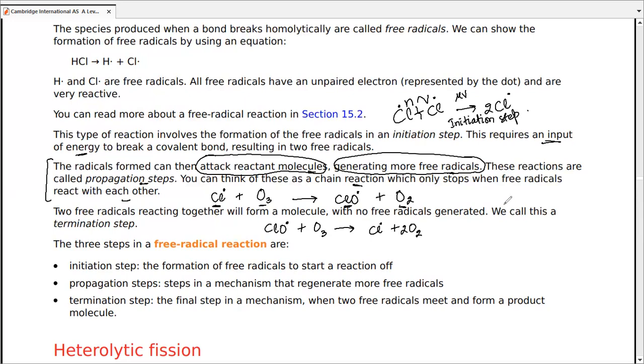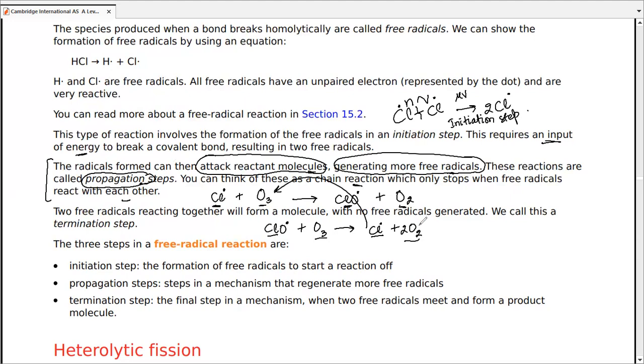And again, see, a propagation. A free radical attacked a molecule, produced a free radical and a molecule. This free radical can again attack another ozone molecule. That's why we call it a propagation step. Propagation means to keep going on. See, this loop would keep moving on and on.